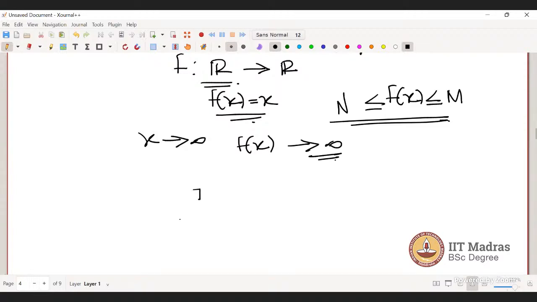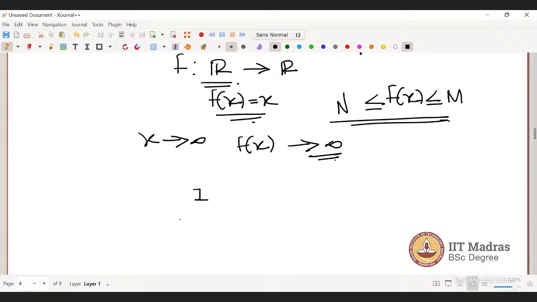I'm talking about the domain, like x. x can take values from minus infinity to infinity. Yes, that is fine. But the function value will be between 0 and 1. Since the function value is in between 0 and 1, that's why this function is bounded, right? So with sin x also.